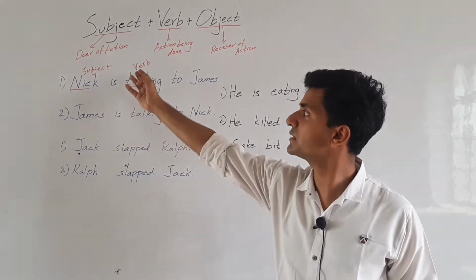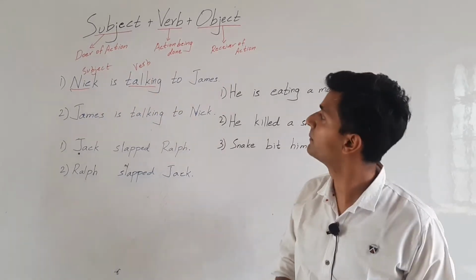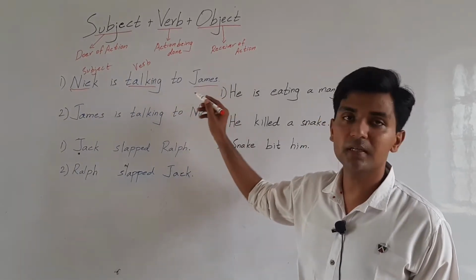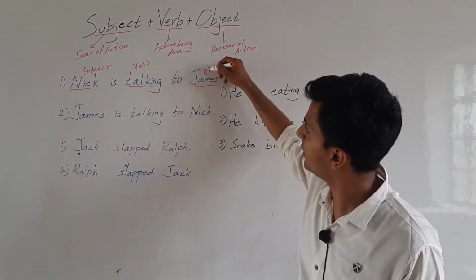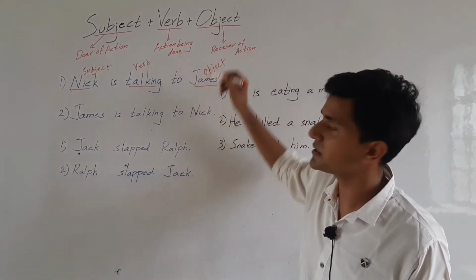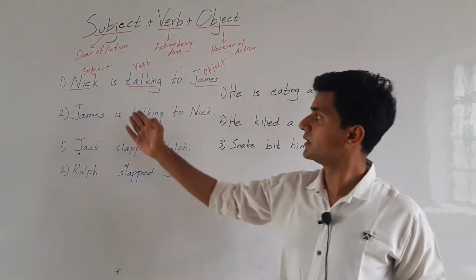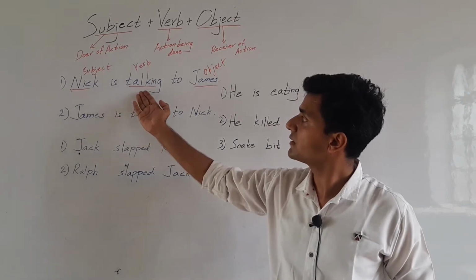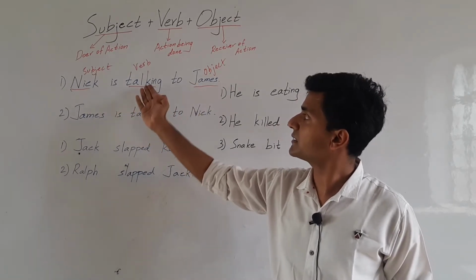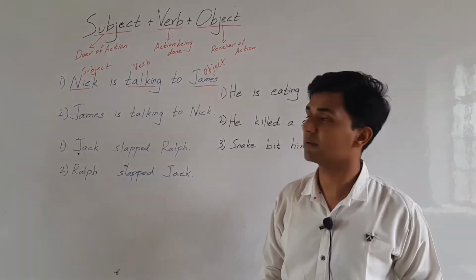So his action is talking. So talking is verb. And to whom he is talking? To James. So James is object. So here we have cleared that Nick is subject and James is object and verb is talking.